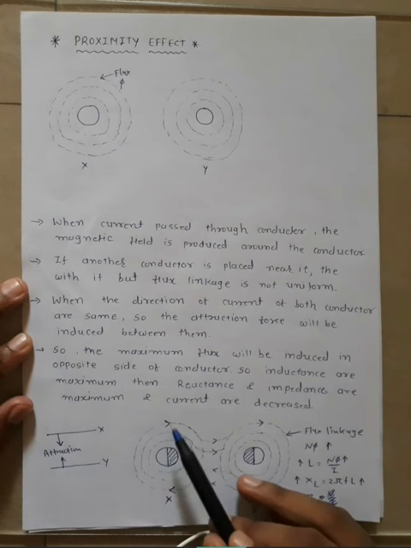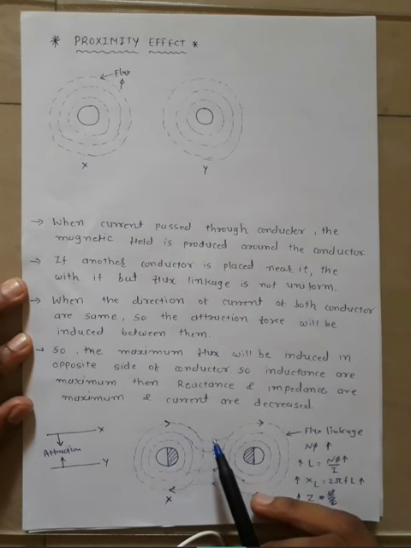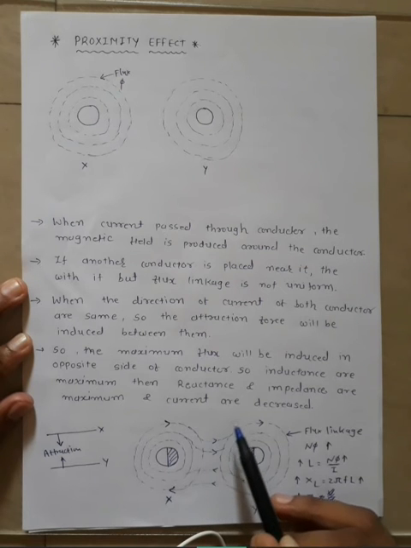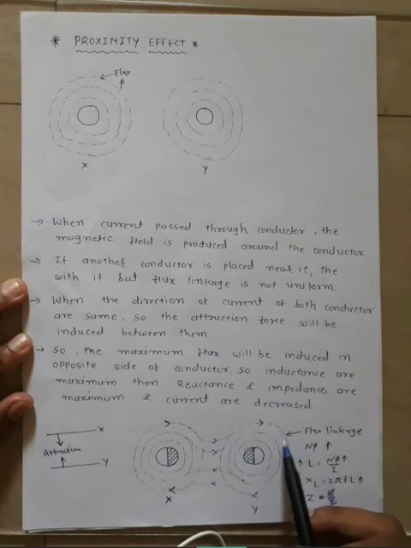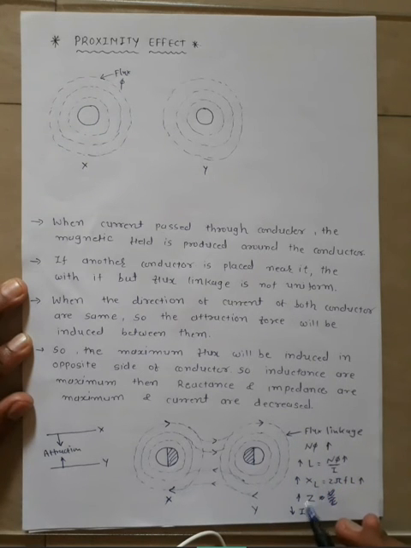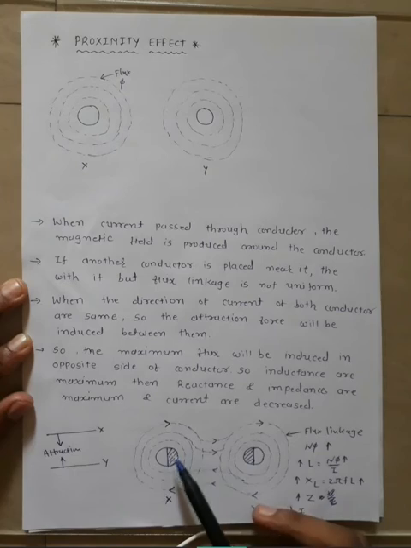The maximum flux passes through the opposite side of the conductor, so the inductance, inductive reactance and impedance Z are maximum there and the current is reduced on the opposite side, and more current flows on the inside of the conductor.